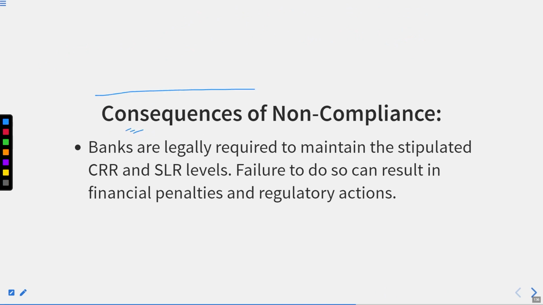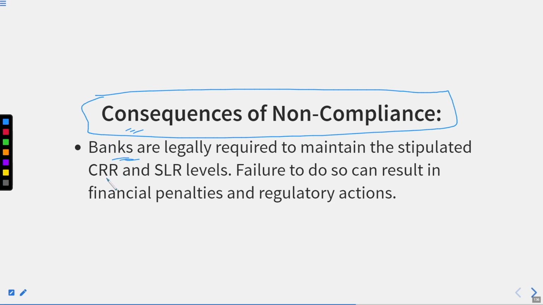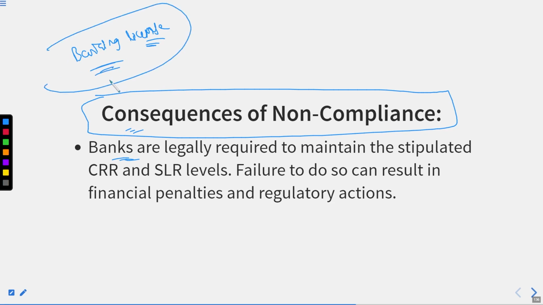Thereafter, the consequences of the non-compliance. What if a certain bank is not following these regulations? The banks are legally required to maintain the stipulated CRR and the SLR levels. Failure to do so can result in the financial penalties and the regulatory actions. Because the banking license, which is the, you can say, permit to any bank to operate in Indian territory or even the outside of the Indian territory with the permission of the Reserve Bank of India, is coming from the BR Act 1949.